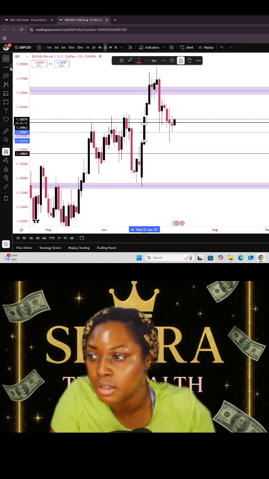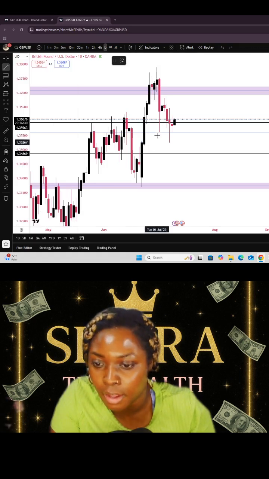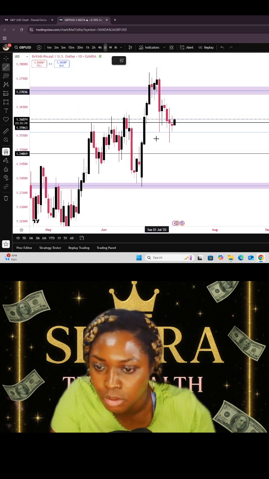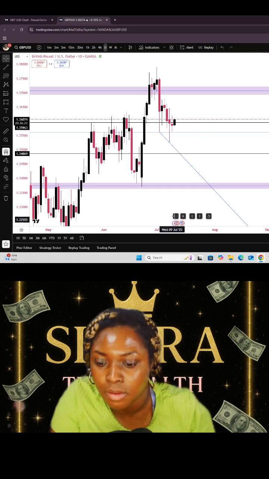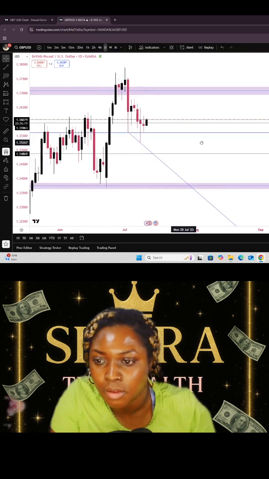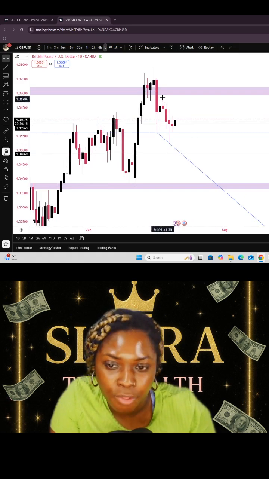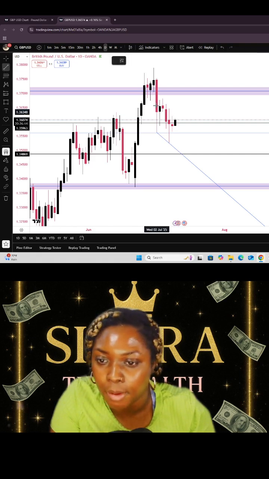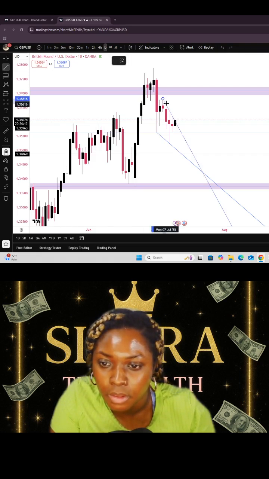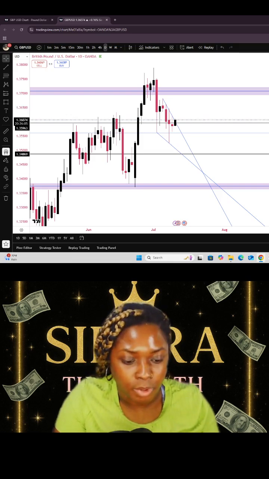And then I am going to mark up this trend line here. All right. And then I have 3 rejection points along the top. I am going to mark up this trend line also. Give me one moment.